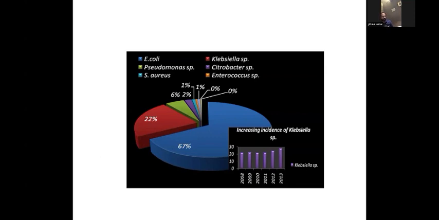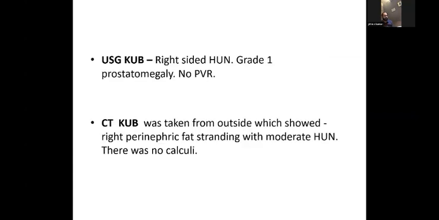So again, multi-drug resistant Klebsiella infection is on the rise and contributing to increased morbidity as well as mortality in our patients. So in the patient, we then proceeded with the ultrasonography.